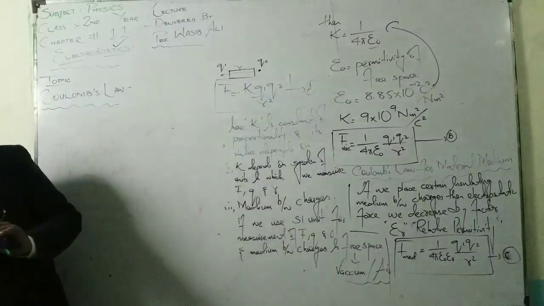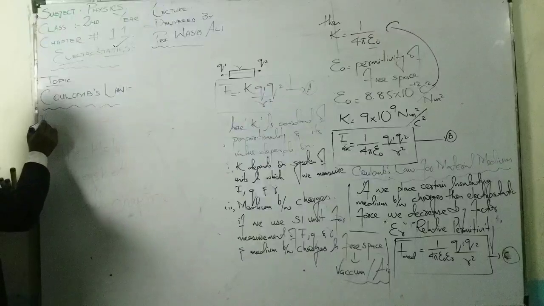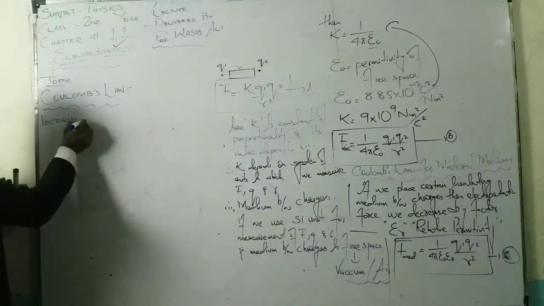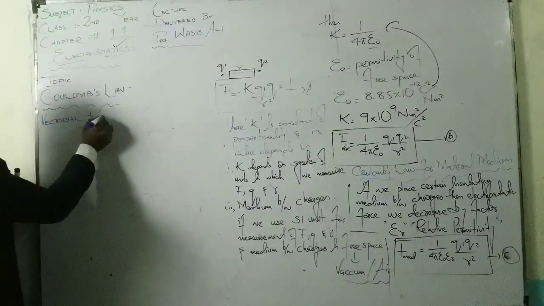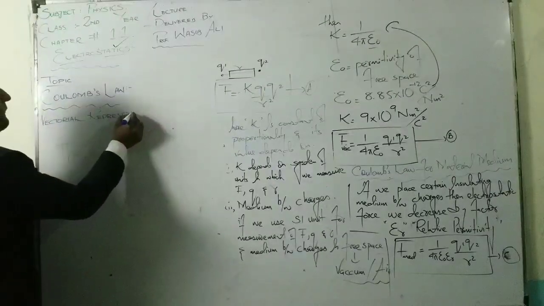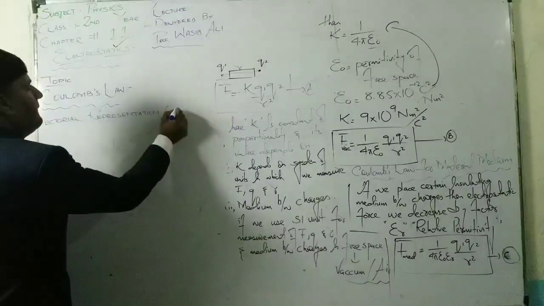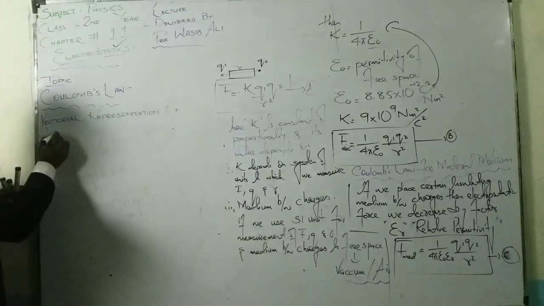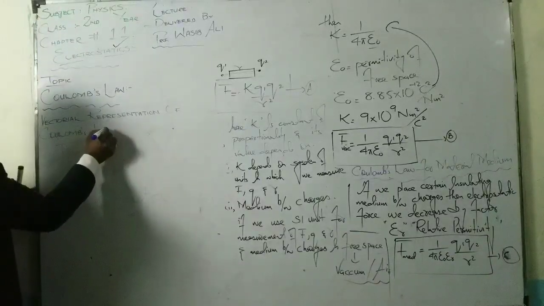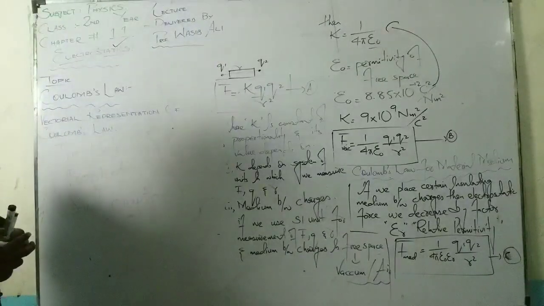Now we want to understand the vectorial representation of Coulomb's law.